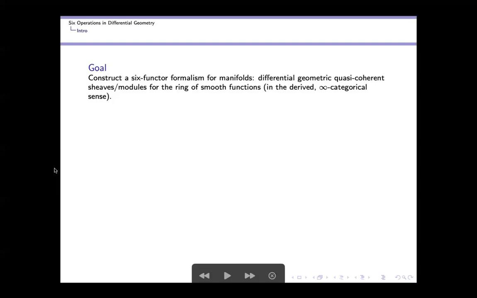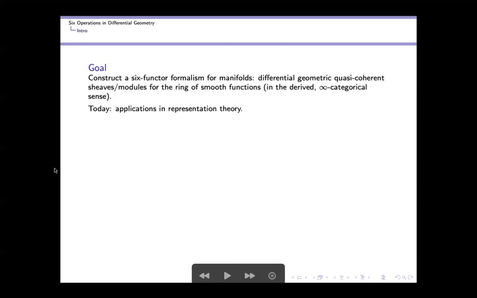And so why do I want to do this? Well, I want to talk about some applications in representation theory of compact Lie groups. If you're an algebraic geometer, you might know that one gets a lot of mileage out of viewing a category of representations of, say, an algebraic group as the category of quasi-coherent sheaves on the classifying stack of that group.